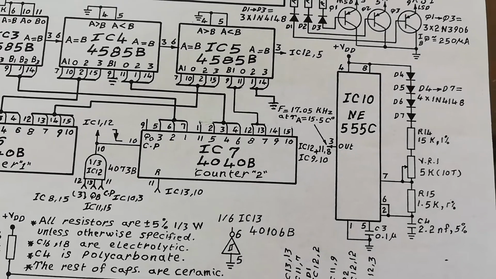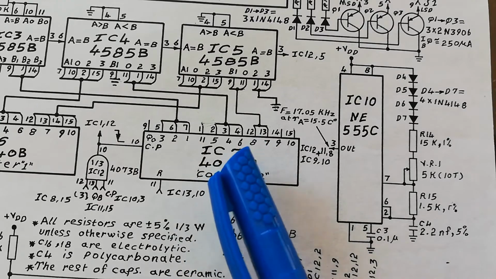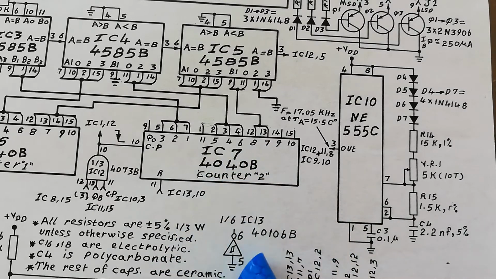Okay, the idea is how this is done. Nobody is going to use old discrete devices to do such a thing, but you can get an idea of how to design or build a frequency generator that makes the frequency vary with temperature.